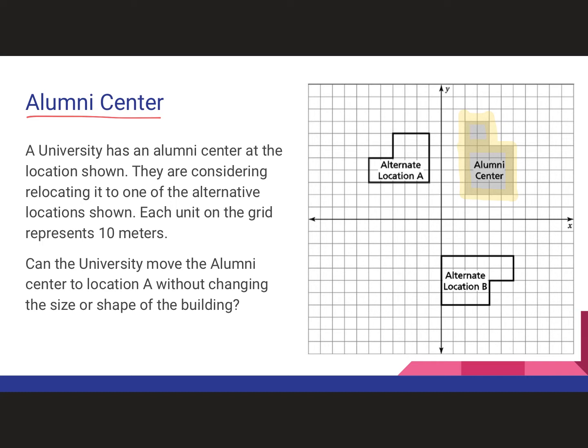When I look at the alternative location A, it is 3x4 with a 2x2 attached. So can I move it without changing the size or shape of the building? Think about that for just a minute. Of course, the answer is no. The two locations are not the same.